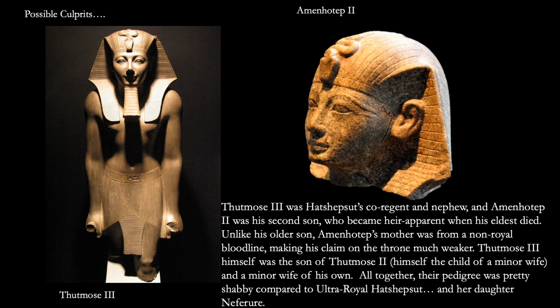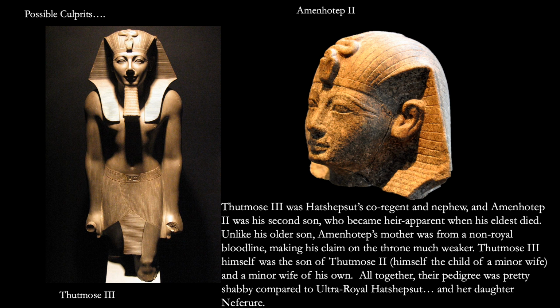And the next person in line is Tutmosis III's son, who is the child of a not royal outsider Egyptian. Tutmosis III himself is the son of a not royal outsider Egyptian. And so altogether, the new heir apparent, the kid who's going to inherit, Amenhotep II, his bloodline is looking pretty shabby compared to Hatshepsut's daughter, Neferuri.